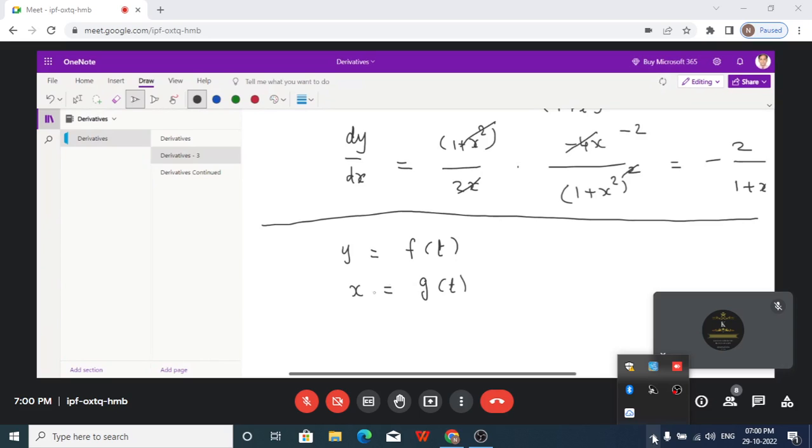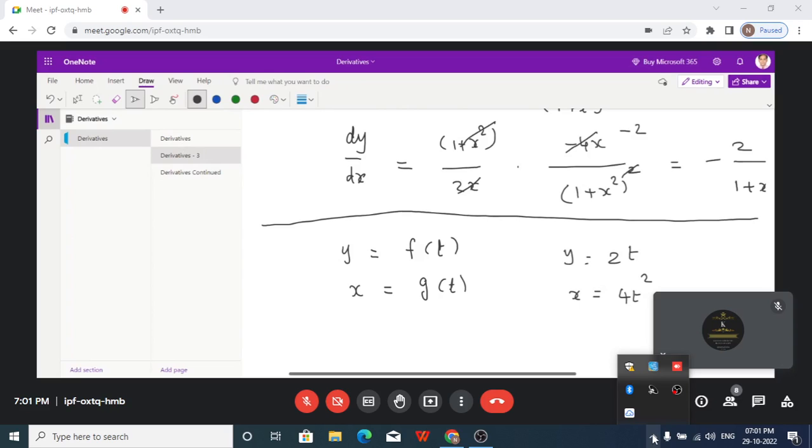So both can be represented in terms of t. For example, y equal to 2t and x equal to 4t square, something.